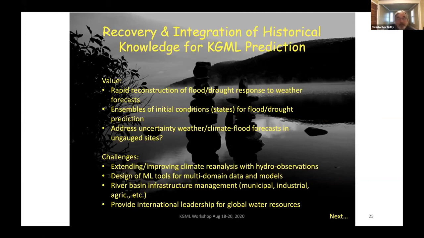The river basin infrastructure management of municipal, industrial, agricultural, reservoirs, power systems, et cetera, is another huge challenge, and that's been discussed today. I think the Ethiopia example just makes the point that we need to think about providing international leadership for global water resources. And I thank you for your attention.